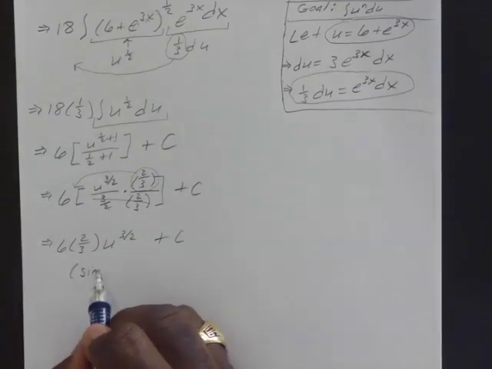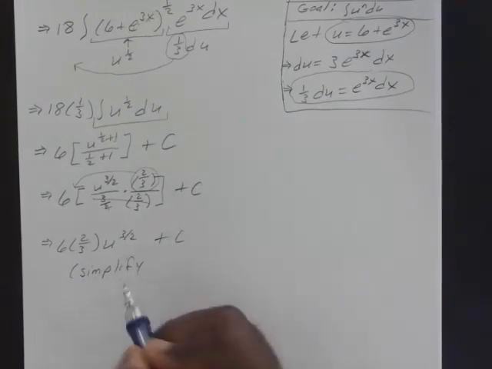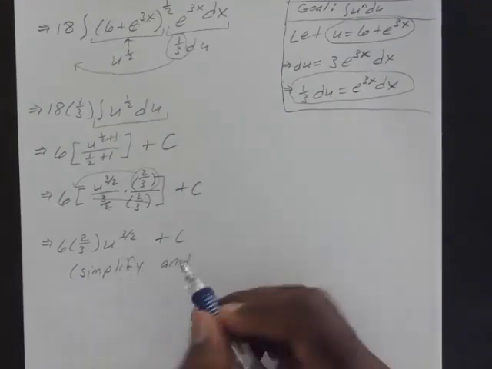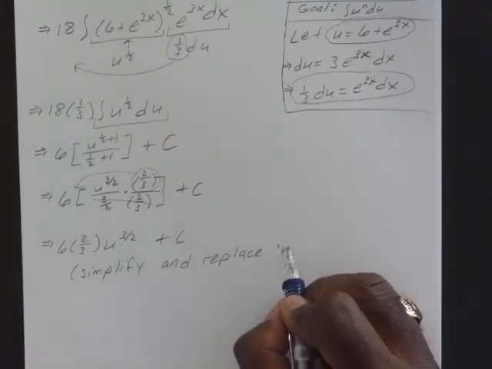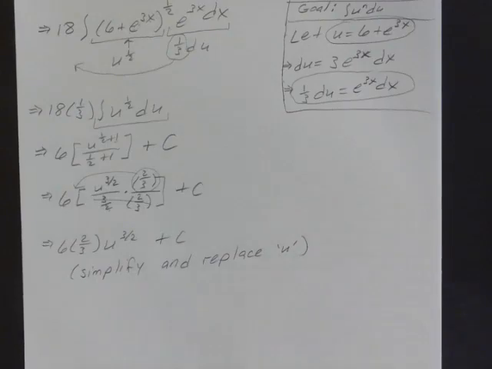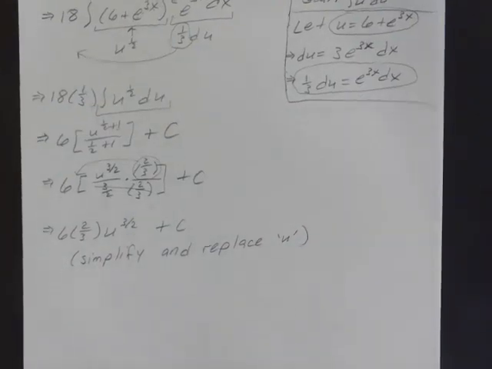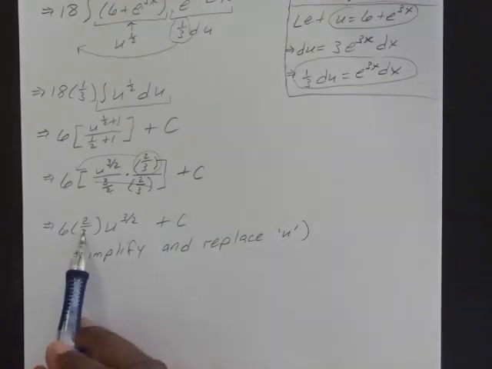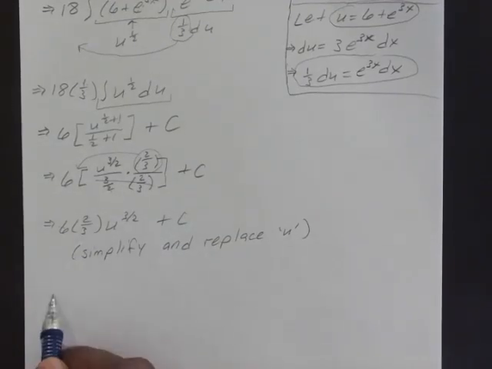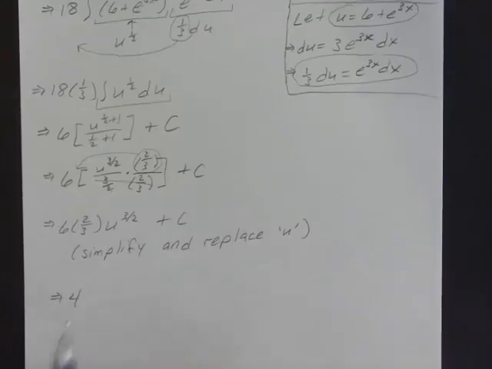So we just simplify and replace u. Okay, so 6 times 2/3 is just 12 divided by 3, so we can replace that with 4.